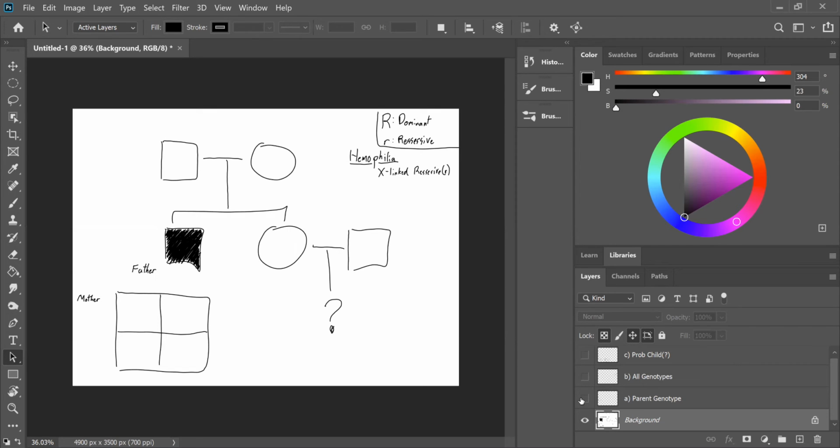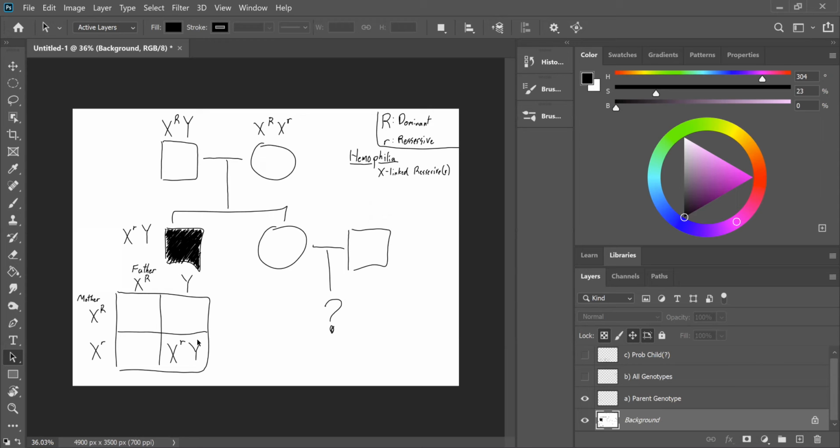Part A, determine the parents' genotypes. We can do this by using Moira's brother. Moira's brother's genotype has to be an X chromosome with a little r and a Y chromosome because he is a man.